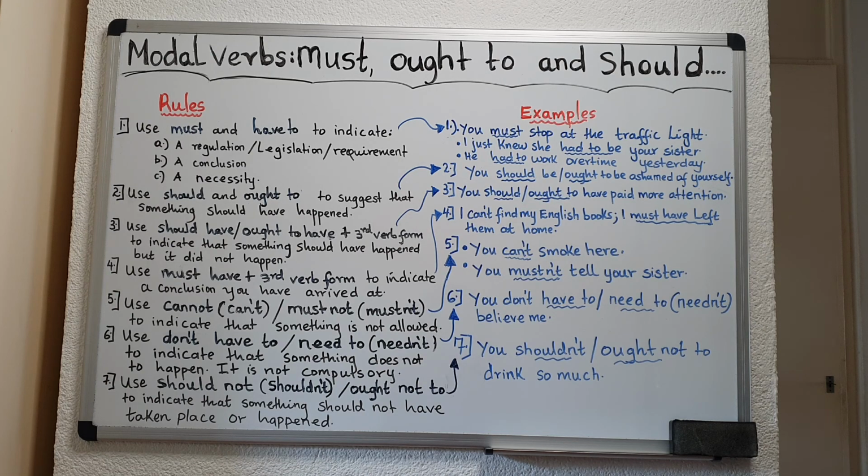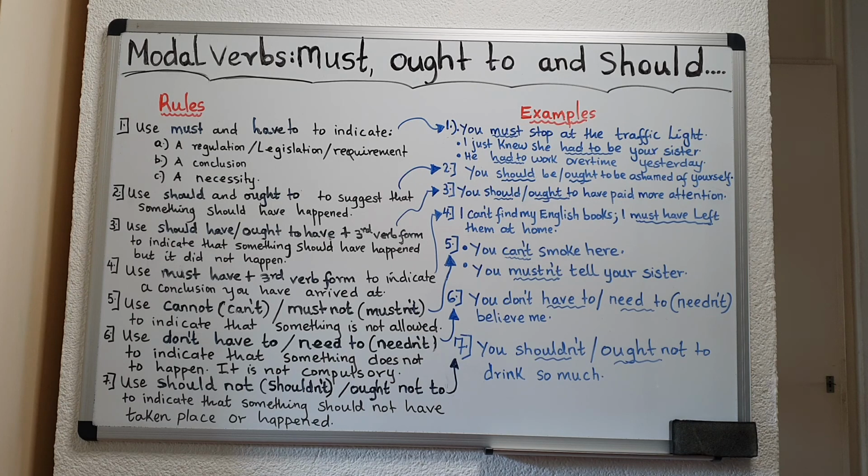If you want to indicate a conclusion that you have arrived at, use must have plus the third verb form. And if you want to let someone know that something is not allowed, then use can't or mustn't.